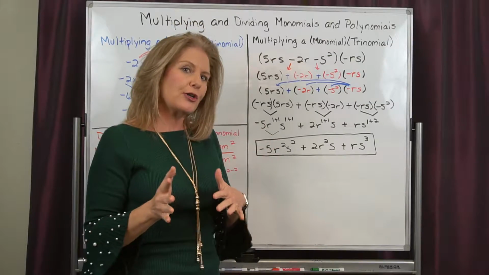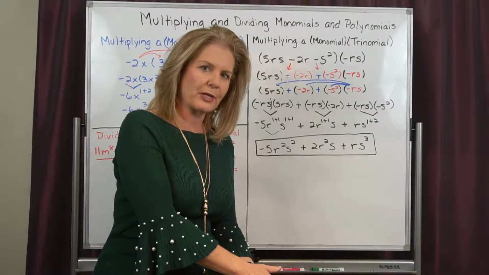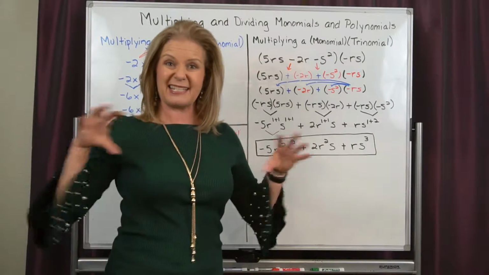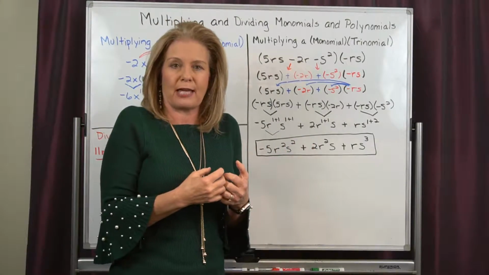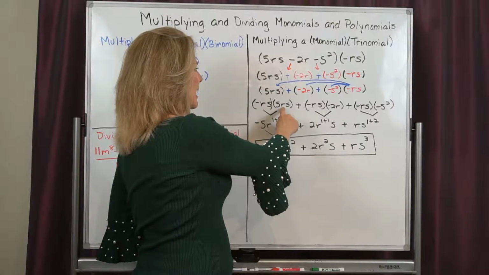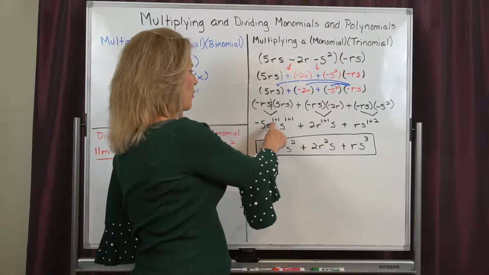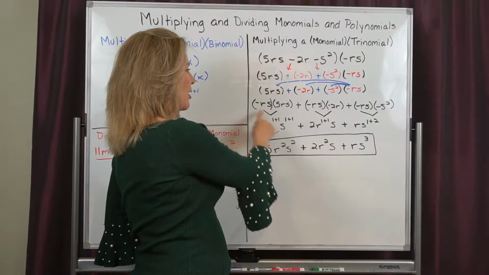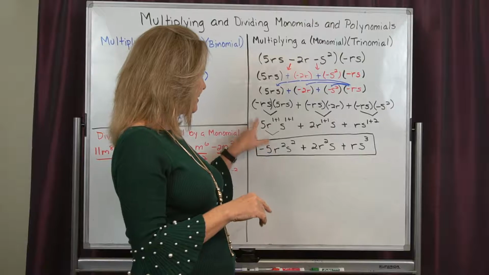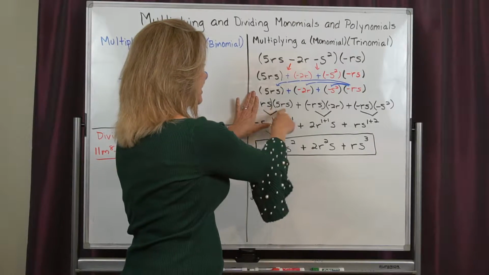Now my r's can only go together with my r's. My s's can only go together with my s's, but I separate them in order to pull together those exponents. So I'm going to do my r and my r. Now notice I have 1r there and I have 1r there. I've already taken care of that negative sign, so don't worry about it. It's already there. So it's really about r times r.